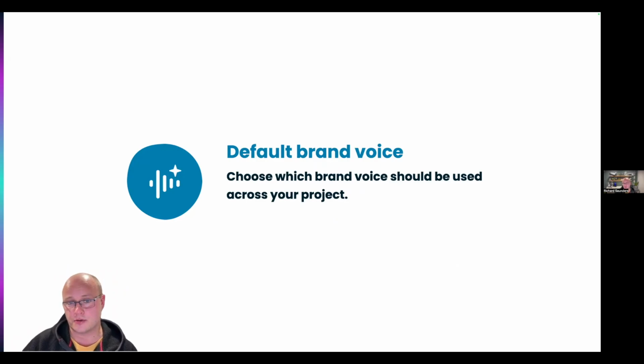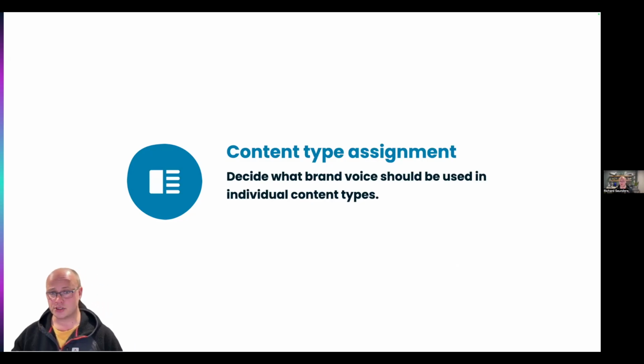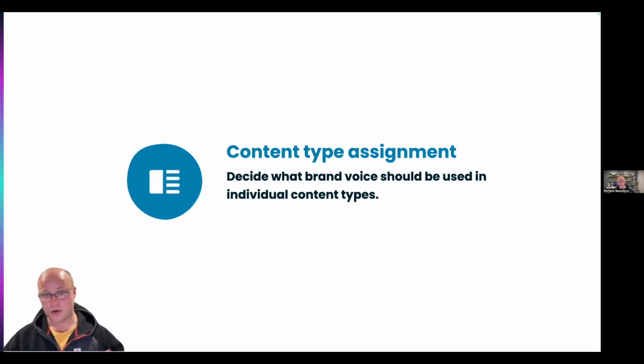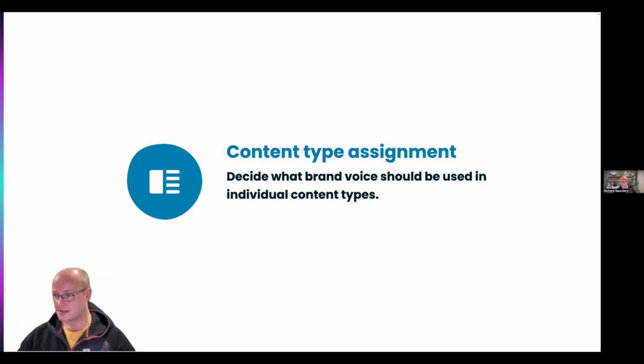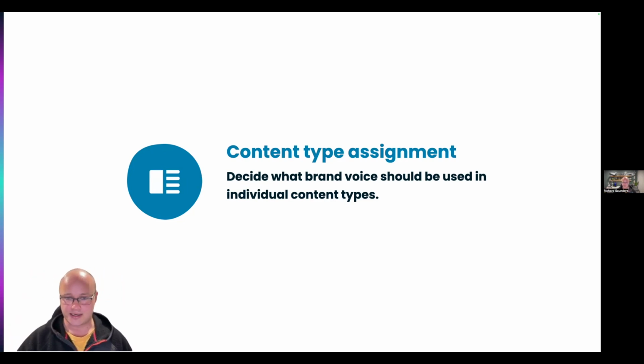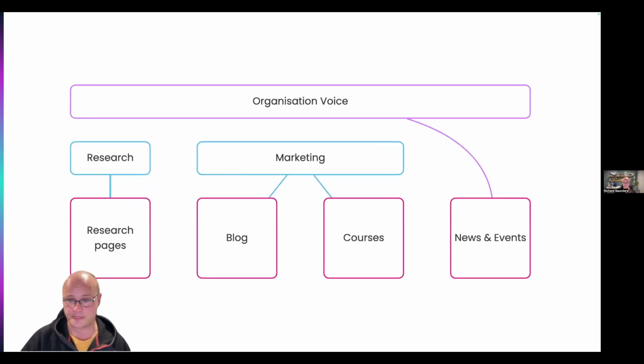But we could also look to apply a different brand voice to different types of content. So we can allow you to set a brand voice against a content type. So you could say, I don't know, research or marketing blogs or news or events should use a different brand voice with a slightly different, maybe reading age score or approach.